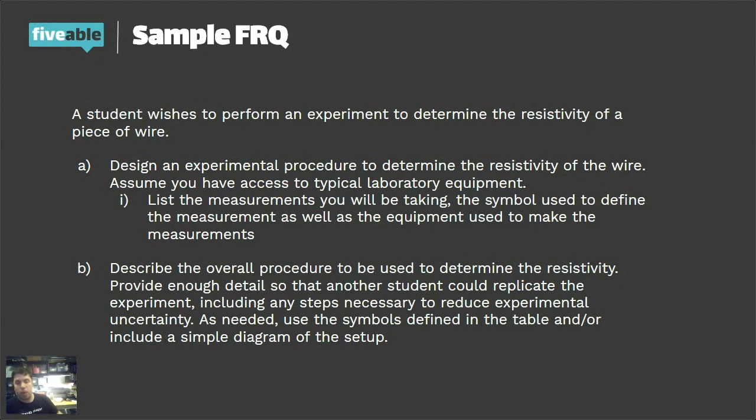So we're going to give you a random piece of wire and say, find the resistivity of this wire. We want to design an experimental procedure. Assume you have access to typical laboratory equipment, whatever you would find in a common lab situation.